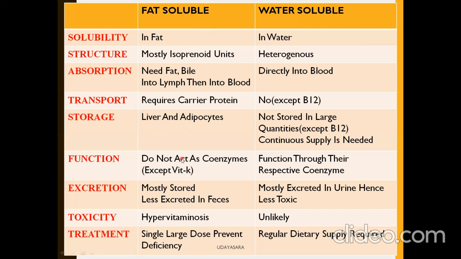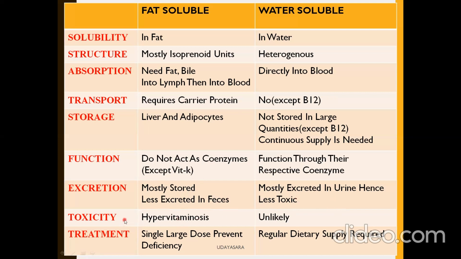The functions of fat soluble vitamins are varied and they do not act as a coenzyme, except vitamin K, which acts in a coenzyme form. In case of water soluble vitamins, most have coenzyme activity. Excretion: the fat soluble vitamins, since they are mostly stored, get excreted in the feces. Water soluble vitamins get excreted in the urine and hence are considered a less toxic form.